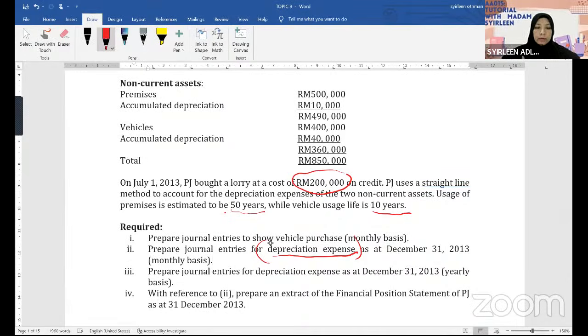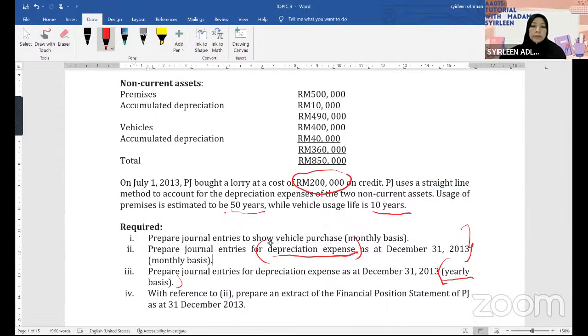Okay, and then on number 3, the third question, okay, we are supposed to prepare a journal entries. Okay, tetapi yang ini kita akan tukar, switch the basis. Okay, for earlier the question we are using monthly basis. Okay, untuk nombor 3 kita akan tukar kepada yearly basis.